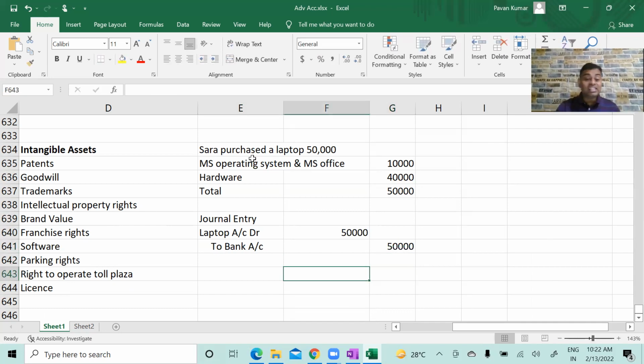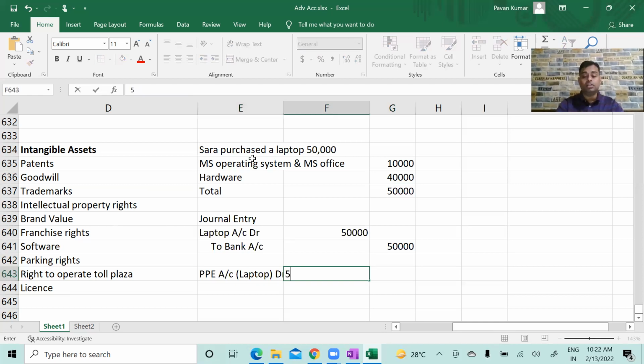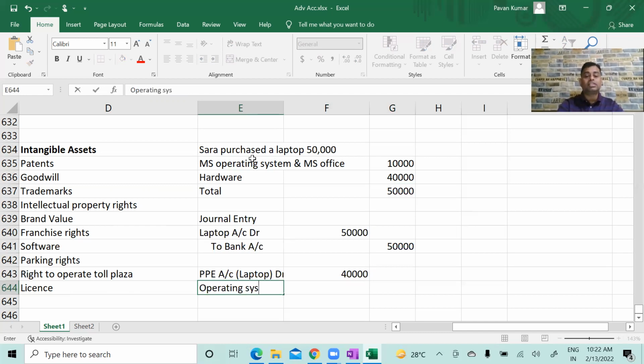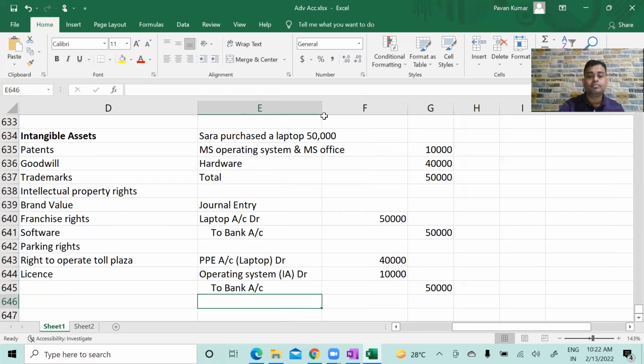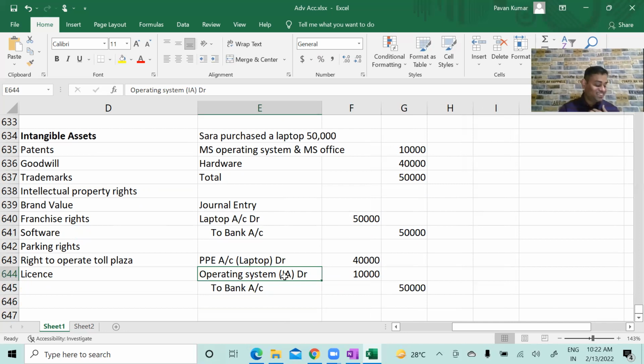Is this the correct journal entry, or should it be property, plant and equipment account, in brackets you can write laptop, debit 40,000, operating system, which is intangible asset, IA account debit 10,000, to bank account 50,000? Ask your friends. Which one is the correct journal entry? Entry 1 or entry 2?